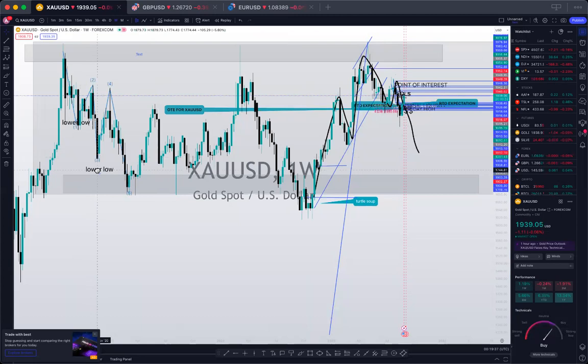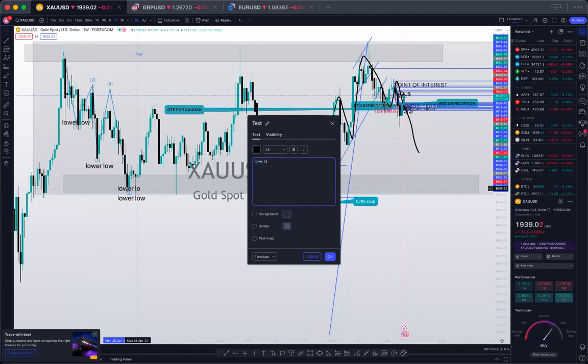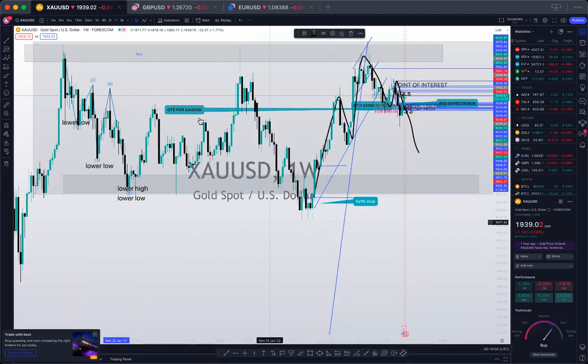Under lower low here. Understand? So these are the validation. This will be lower high. What I mean by this is that the lower high must always be lower.